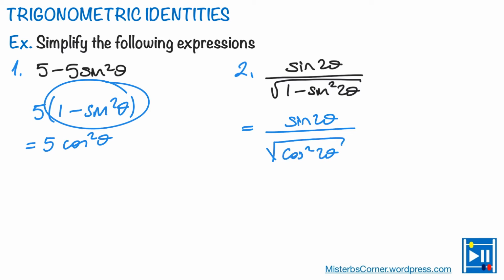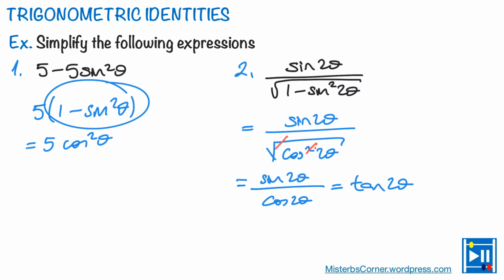If you have the square root and square, they cancel each other out. So you end up with sine 2 theta over cosine 2 theta, which is tangent 2 theta. So basically, you will use these two identities to simplify expressions.